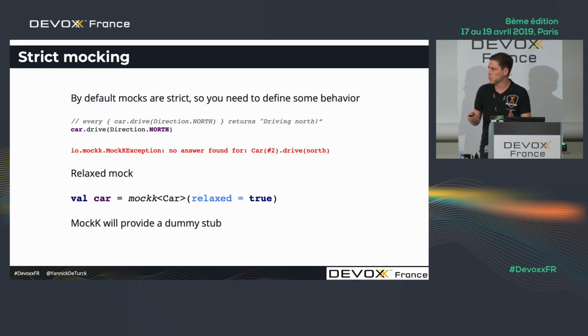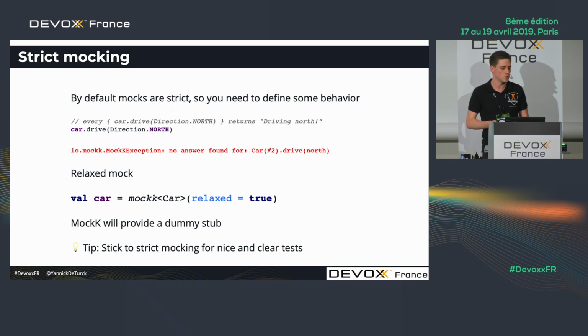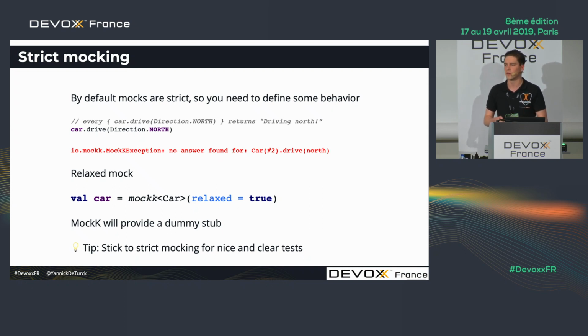Now, the tip that I would give you is just to stick to strict mocking and to do all the mocking yourself, because it will give you tests that are nicer and easier to read. Having code and tests that are easy to comprehend and to read is something that I find very important. So that's why I'm giving this tip.